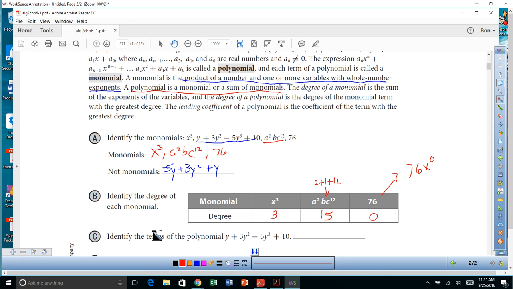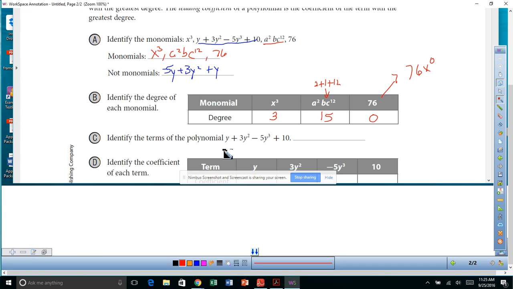Now, identify the terms of the polynomial y plus 3y squared minus 5y to the third plus 10. Well, the terms are the monomials: the y, the 3y squared, the negative 5y to the third, and the 10.